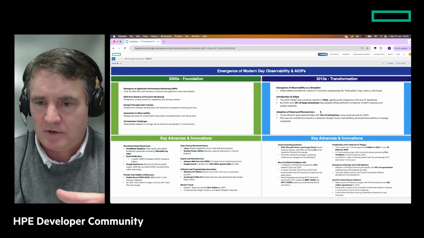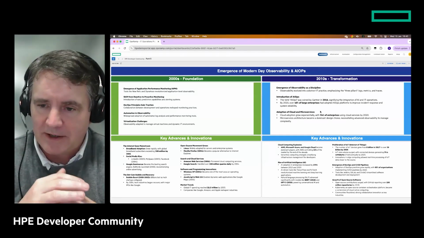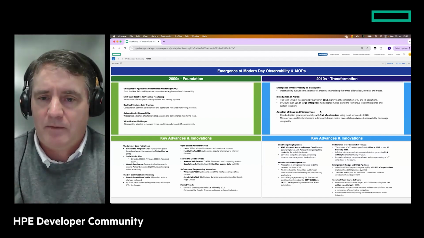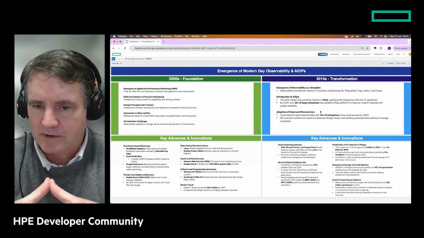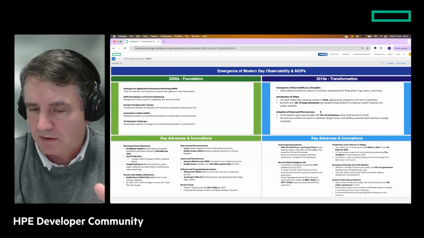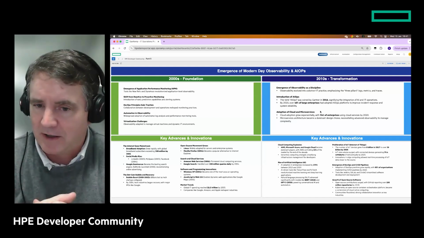But in the middle of the 2010s, around 2016, Gartner introduced the term AIOps, or AI for IT operations. Again, that is still very relevant today. In OpsRamp here, we refer to this as autonomous IT operations. But again, what we've been doing within the OpsRamp platform is really around AIOps.